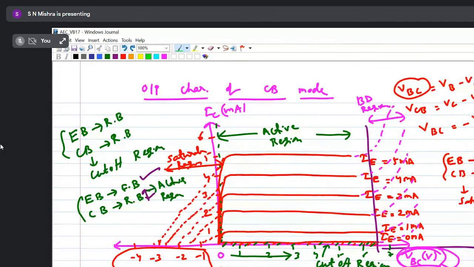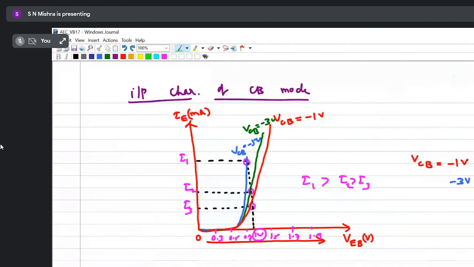And you have to explain what is base width modulation. Why, like in the input characteristic we have seen, when VCB increases, then IE increases. So what is the reason? Like I have explained here, base width modulation, and due to that the IE current increases; you have to explain.